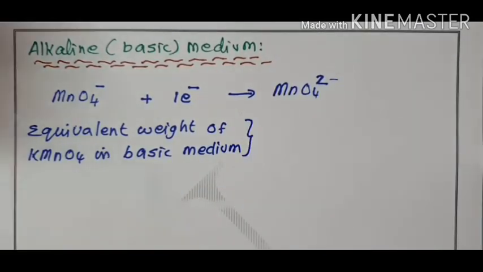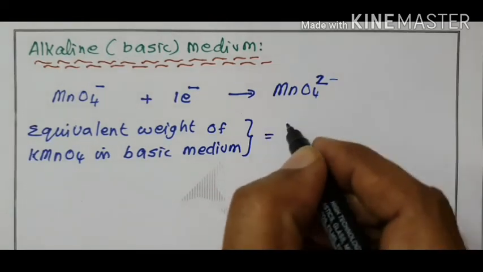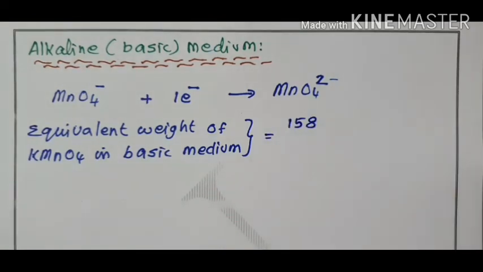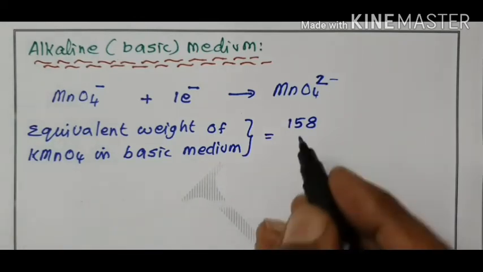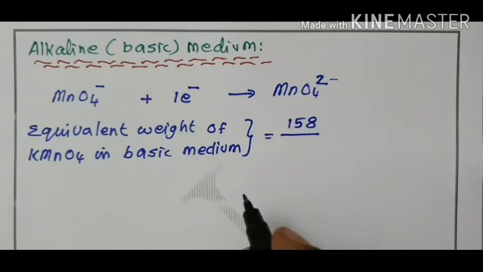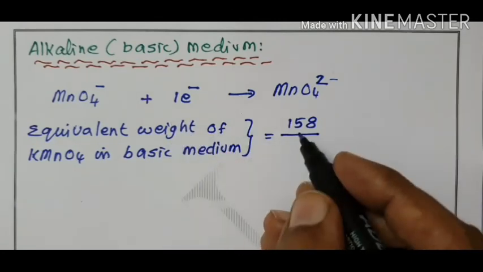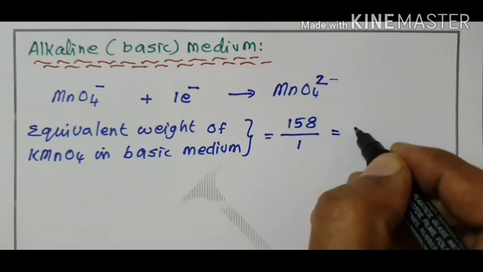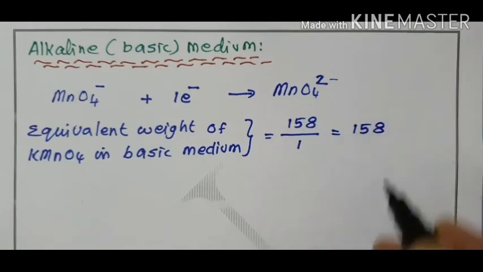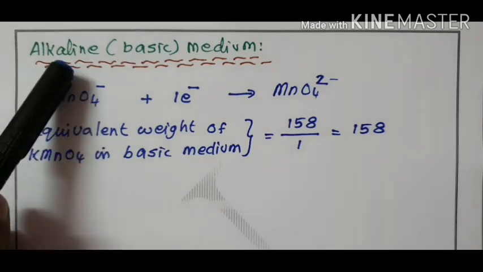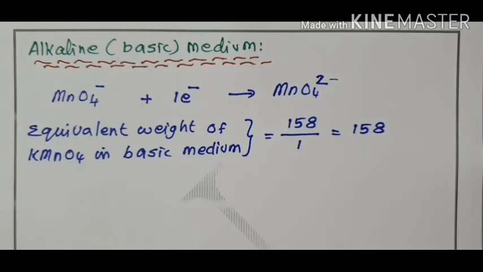Molecular weight of potassium permanganate, 158, divided by number of moles of electrons transferred, equal to 1. Therefore, equivalent mass of potassium permanganate in basic medium equal to 158. So, in acidic medium, KMnO4 equivalent mass equal to 31.6. In neutral medium, its equivalent mass equal to 52.67, and in alkaline medium, the equivalent mass equal to 158.